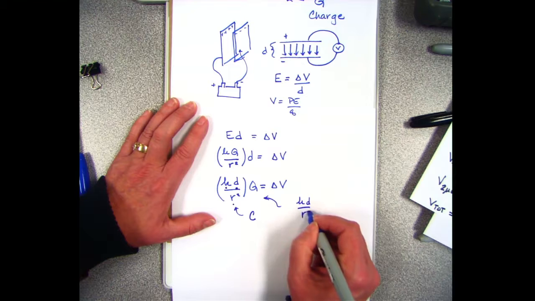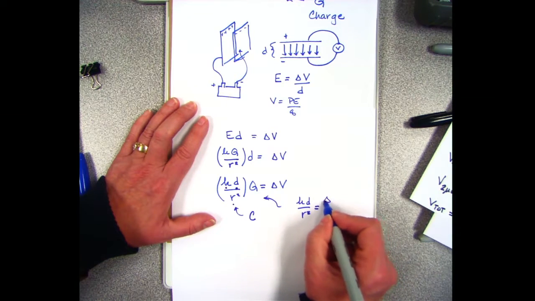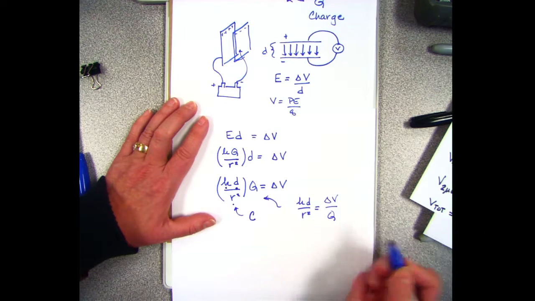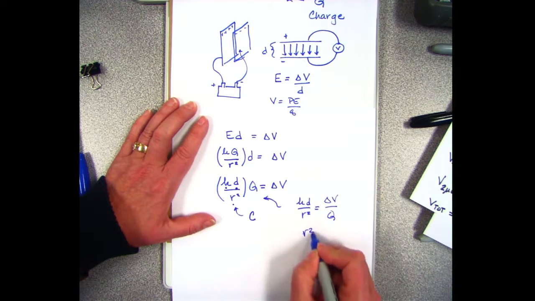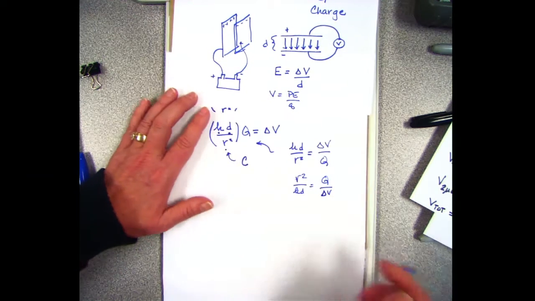I get my r squared k d is equal to Q over my change in potential, but this is just a constant, and we call that C. And this is dependent upon the configuration of my device.